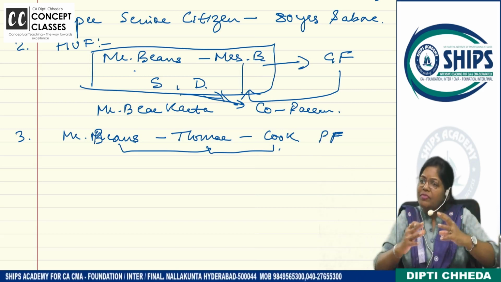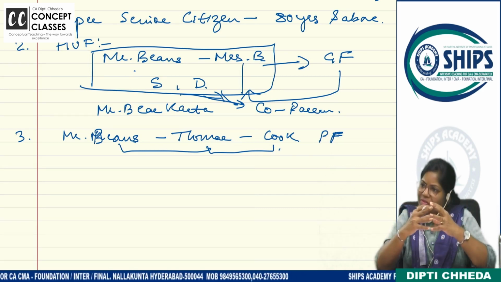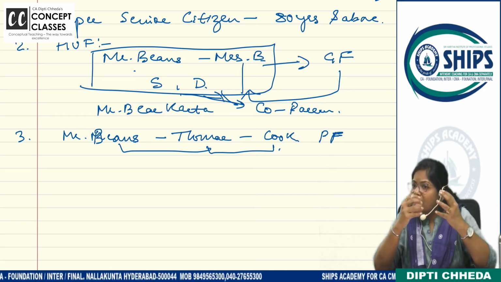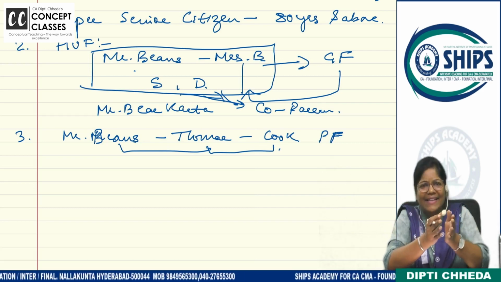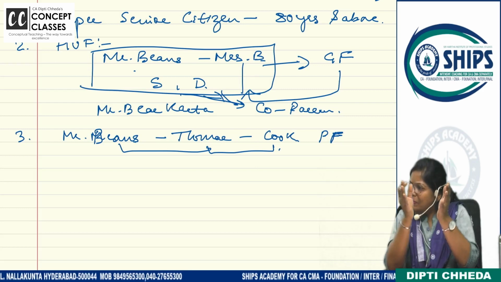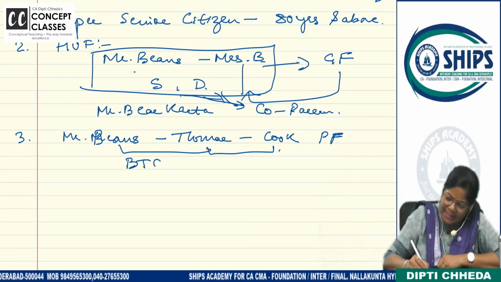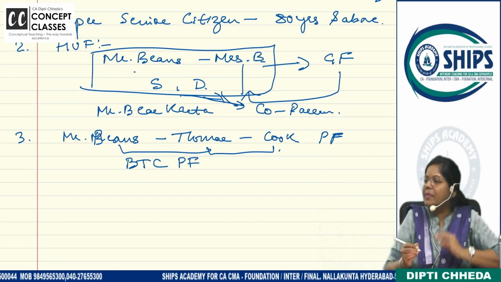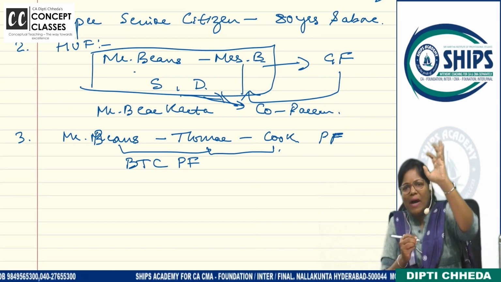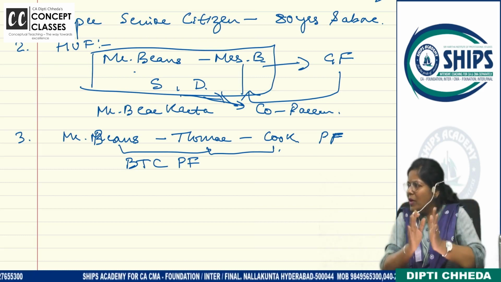So income of the firm will be taxed in whose hands? Firm's hand. So firm is a separate entity and it will show income as a partnership firm. Let us give it name BTC partnership firm, three partners are there who are working together.